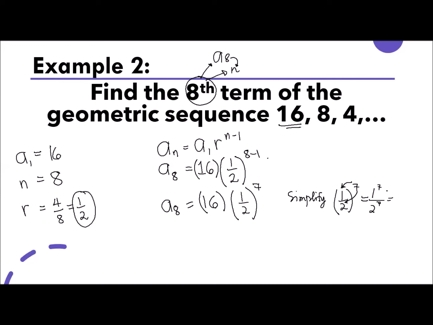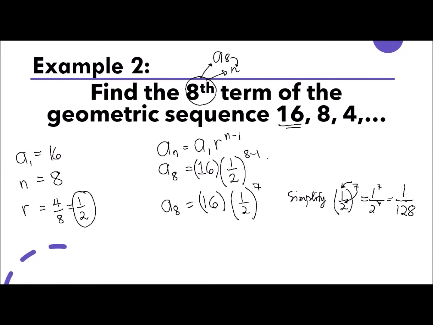But if you're going to use the calculator, don't forget to write the parentheses. Okay? So, please type in 1/2 inside the parentheses. And then put the exponent. We have 7. So, the answer to this is 1 over 128. Okay? Is that clear?